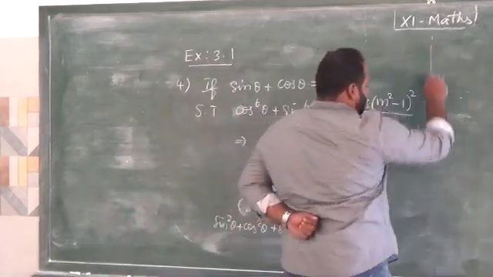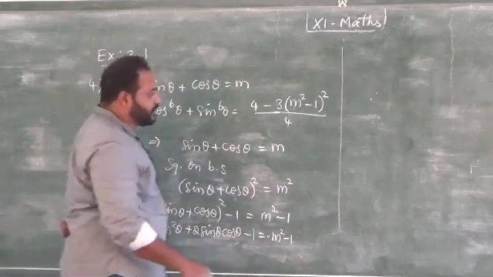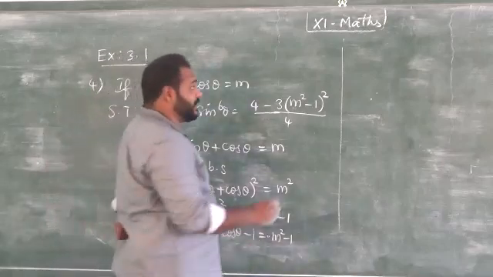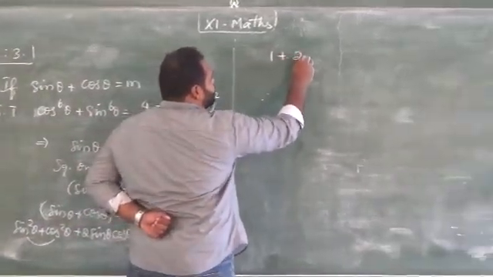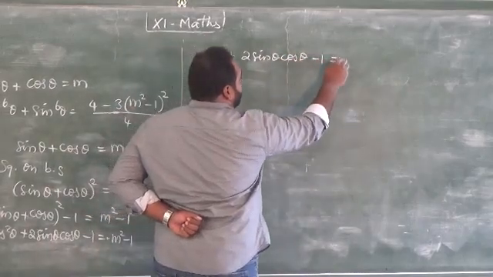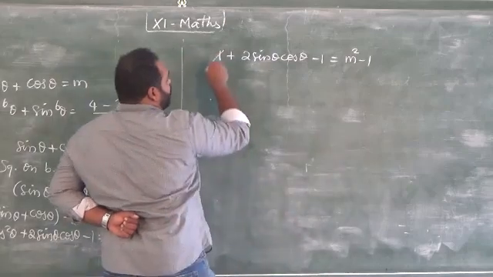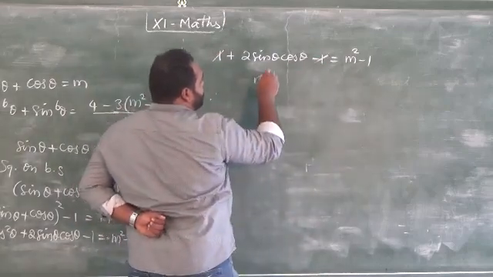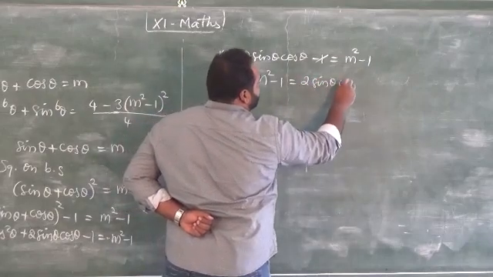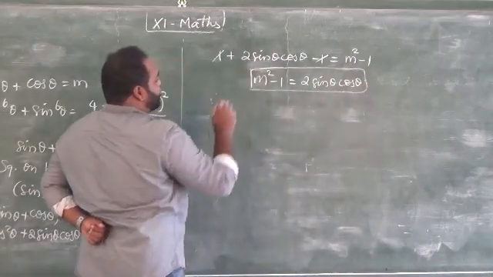By using trigonometric identities, sin square plus cos square can be written as 1, plus 2 sin theta cos theta minus 1 equal to m square minus 1. So here 1 will be cancelled. So m square minus 1 equal to 2 sin theta cos theta.